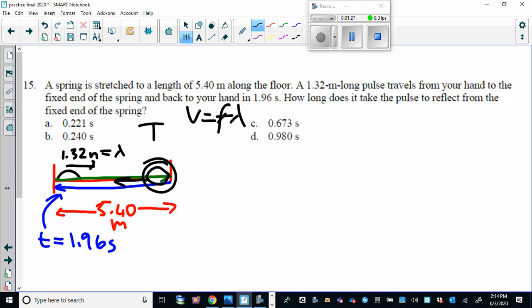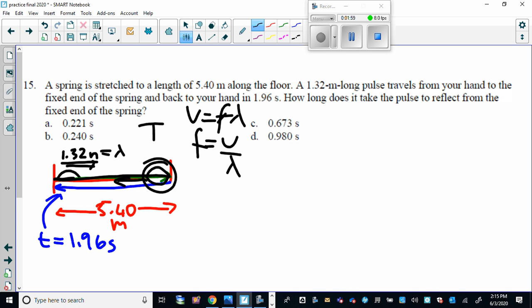if we use the universal wave equation to find the frequency, we can then find the period. So, to find out the frequency of the wave, we have the wavelength already, right here, the 1.32. We need to find the velocity. The velocity is actually fairly straightforward because we know that the pulse goes 5.4 meters this way and then 5.4 meters back.